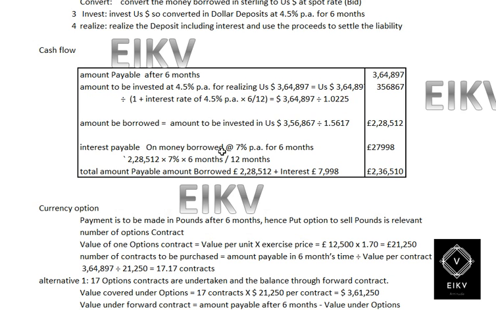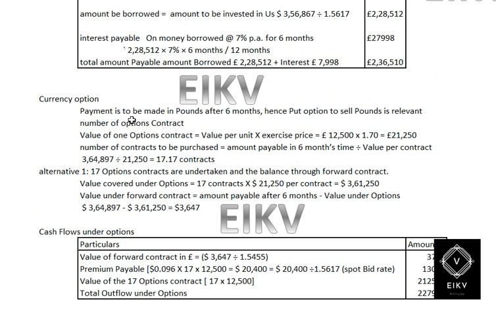Interest payable on money borrowed at 7% per annum for 6 months would be 7,998, which is 2,28,512 into 7% of 6 months. So 2,28,512 plus interest of 7,998 gives you 2,36,510.